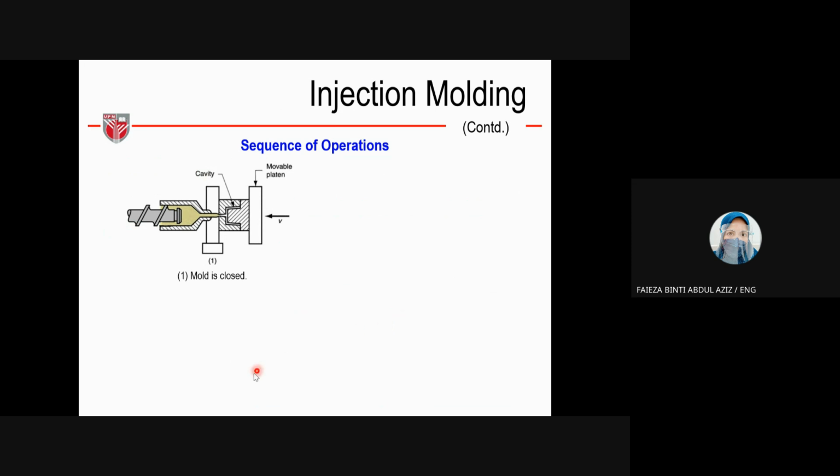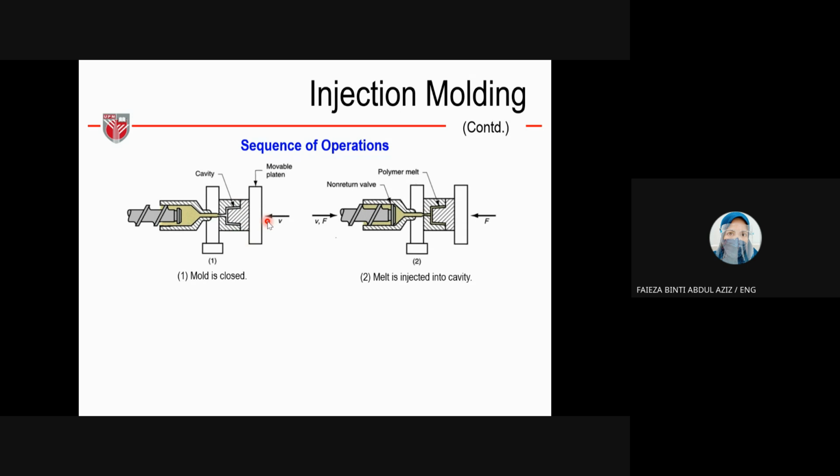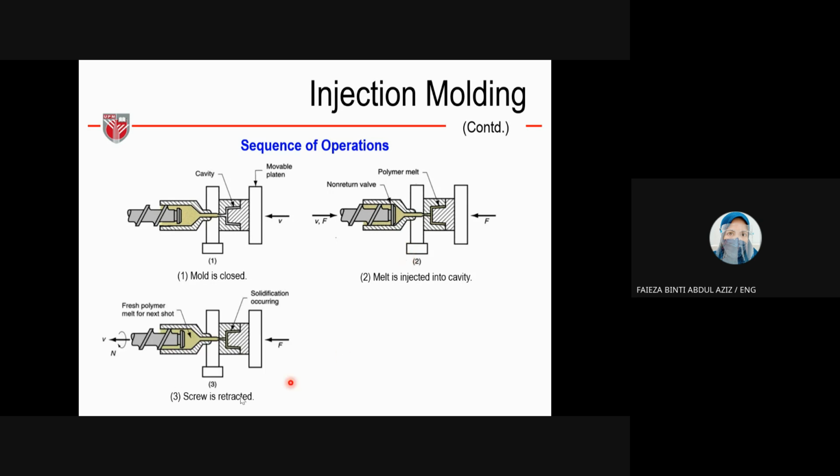First, the mold is closed. Here is the core and cavity of the die and the mold. Then on B, the melt is injected into the cavity using the screw. Next, the screw is retracted, moving backwards.